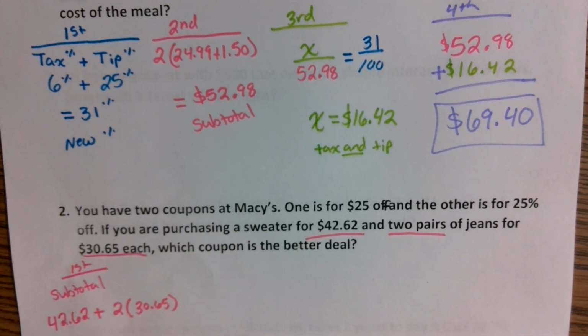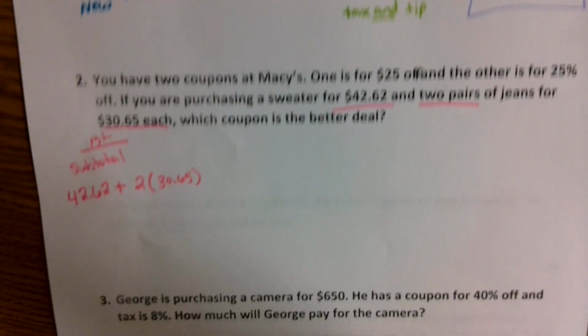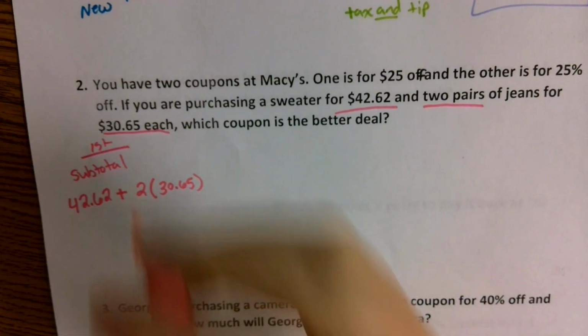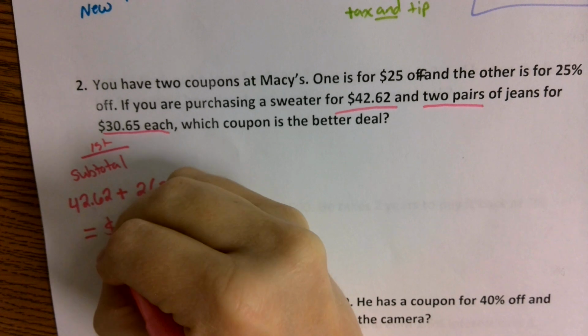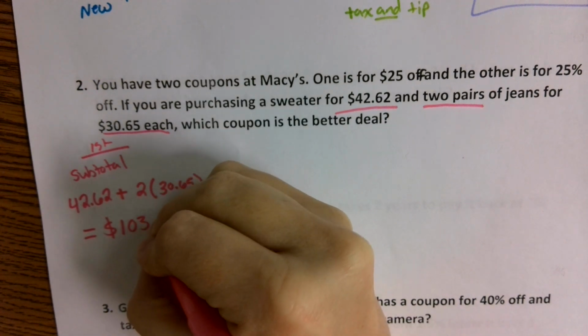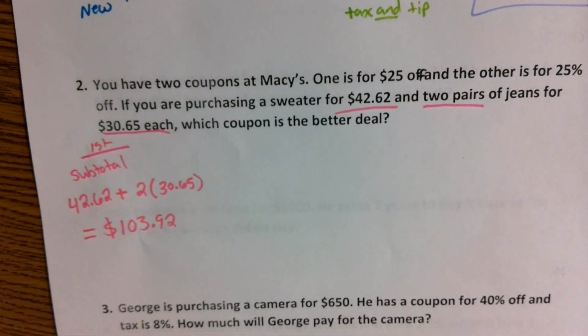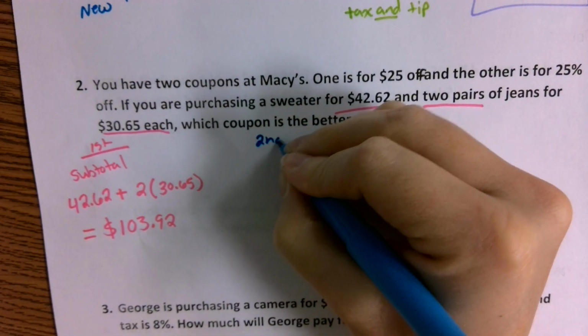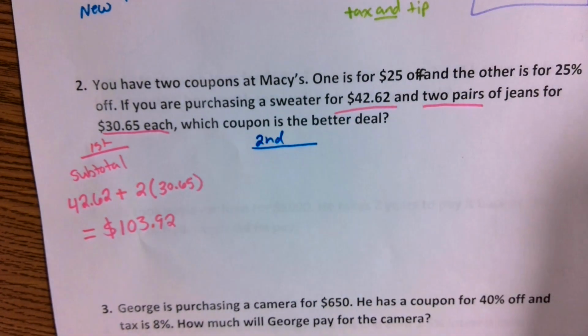So it's 2 times the $30.65. Okay, so that means you have a subtotal of $103.92. Okay? The second thing you're going to do is you're going to check the coupon.